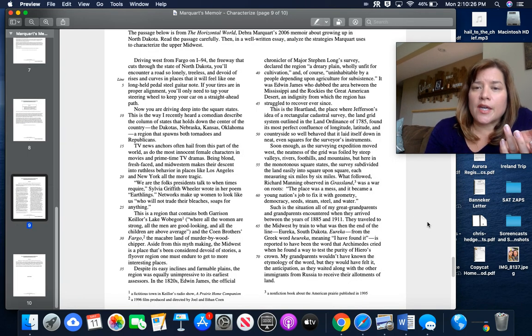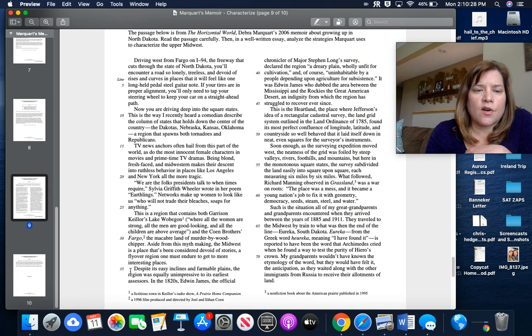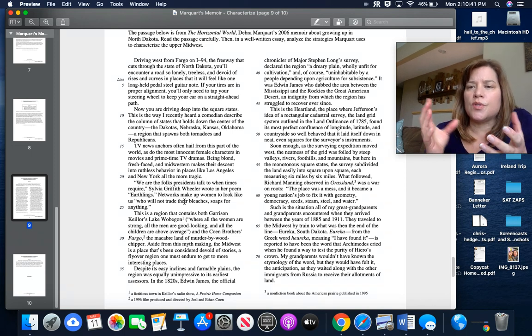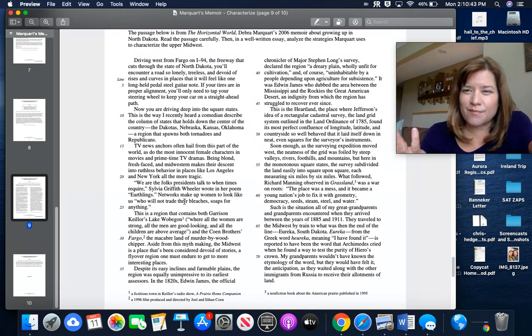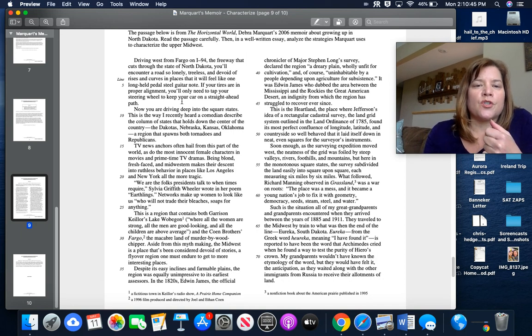If we want to take a look at another section, this is from line 35 to 45: "Despite its easy inclines and farmable plains, the region was equally unimpressive to its earliest ancestors." Now, there are a number of times where she uses something that means unimpressive. So she says, "You are driving a road so lonely, treeless, devoid of rises and curves, it will feel like one long-held pedal steel guitar note."